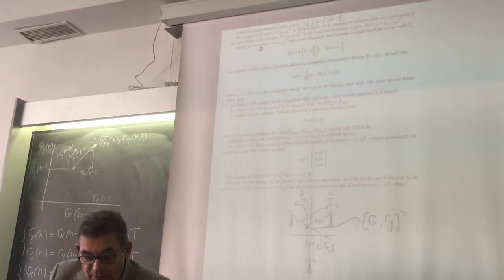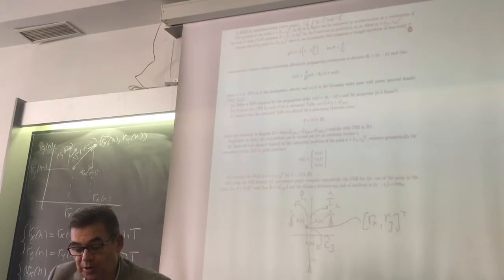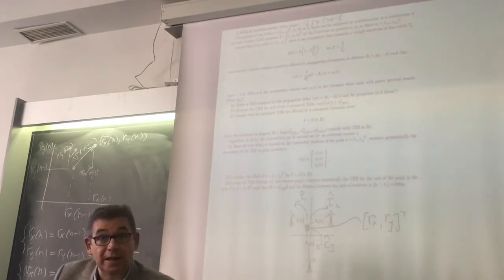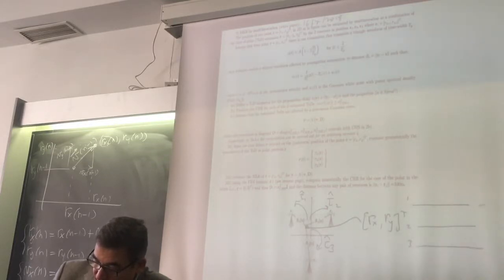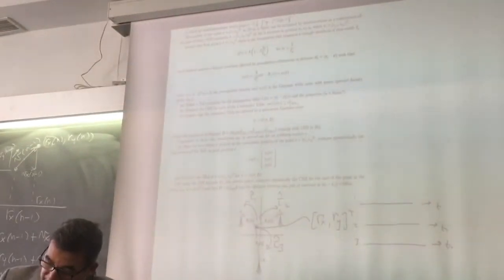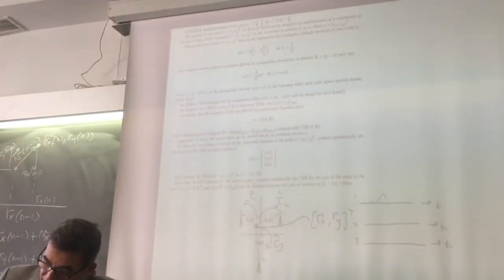Assume that from the point Rx, Ry, there is one transmitter that transmits a triangle waveform with a time width Tg. So this is transmitting a triangle. The signal received by the three receivers, 1, 2, and 3, is a triangle waveform.